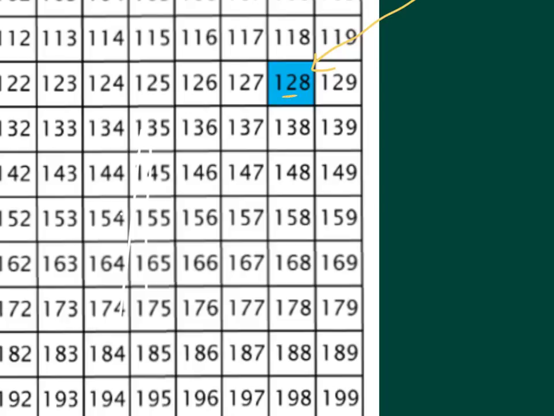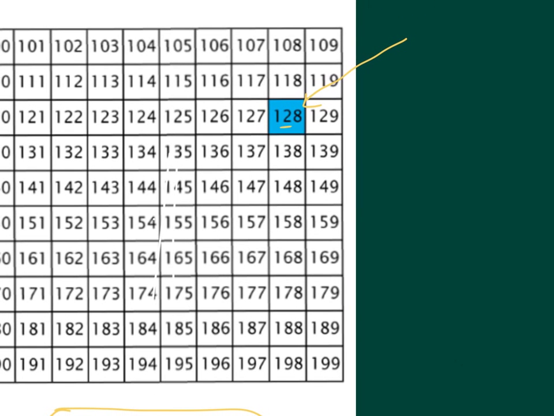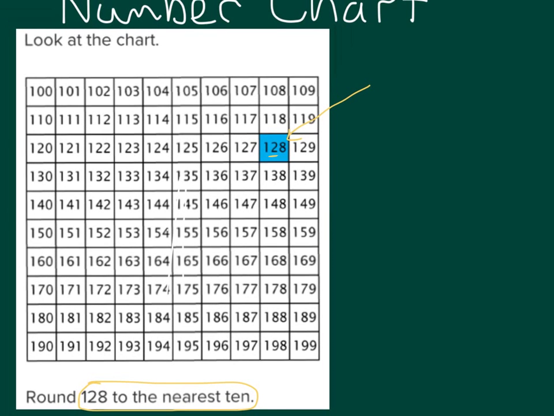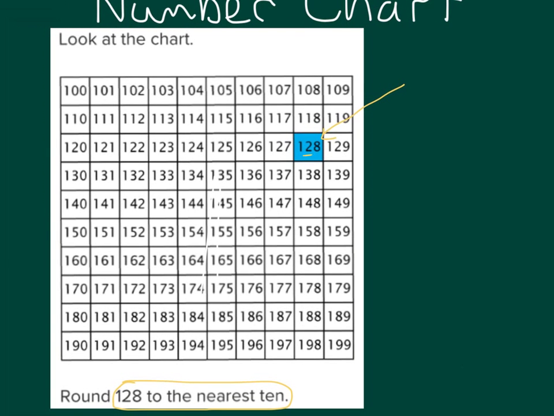The closest 10 to 128 that is less than 128 is 120. That is the benchmark number. The next 10 above 128 is 130. The halfway number is 125.